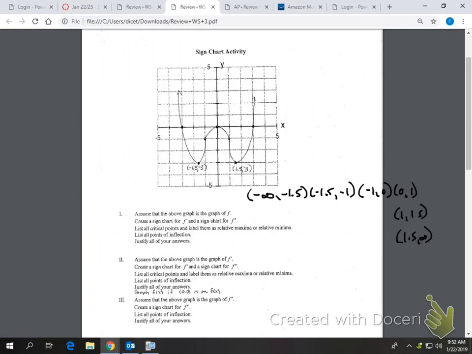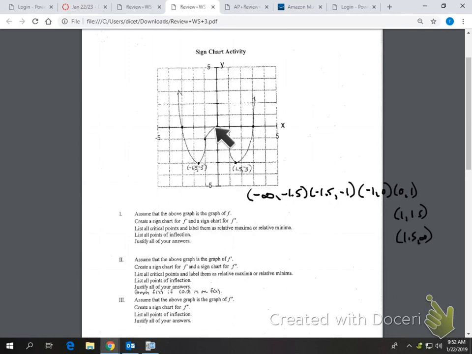All right, let's talk second derivative. What is this from here all the way to negative 1? It's concave up, therefore the second derivative is positive. Everybody look at my arrow. At negative 1, what is the second derivative? 0, because it's a point of inflection.